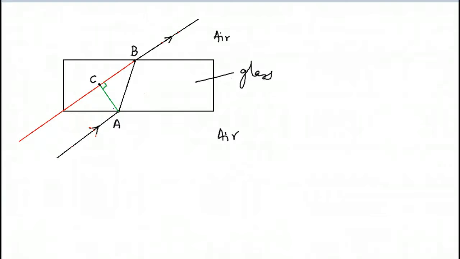I want to find AC. Now if I call this angle B, I'll call it theta, then clearly length AC, which is the length which I want to find, is going to be equal to the hypotenuse's length AB times sine of theta.